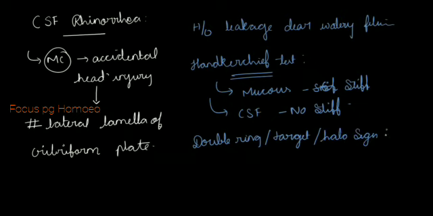In traumatic CSF leak, if we collect the fluid on filter paper or a handkerchief, blood will stay in the center and CSF will gravitate towards the periphery. This is how you can identify it, leading to the double ring, target or halo sign.